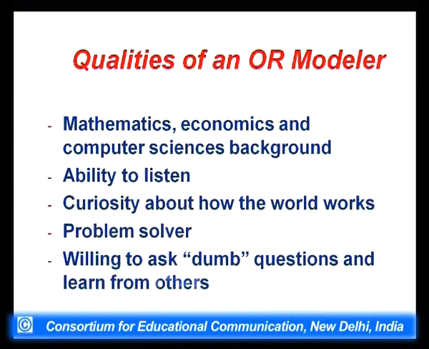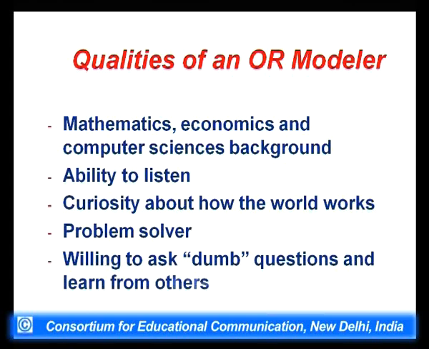Then curiosity about how the world works. He should be curious to know how the things are moving and how the problem is occurring from the operations in the organization. He should be curious to know the operations, he should be curious to know the details of the problem, and then he should be curious to know the people who are affected by this problem.